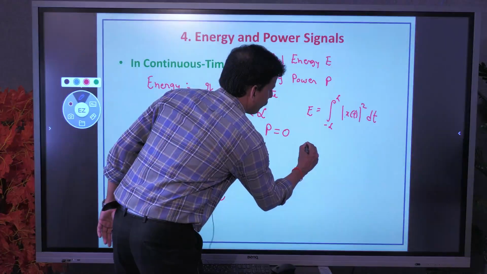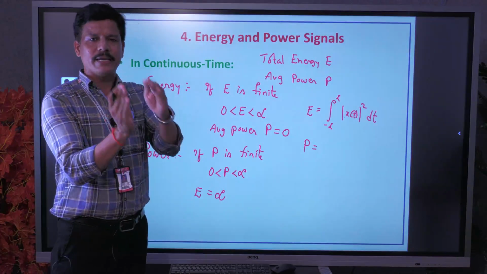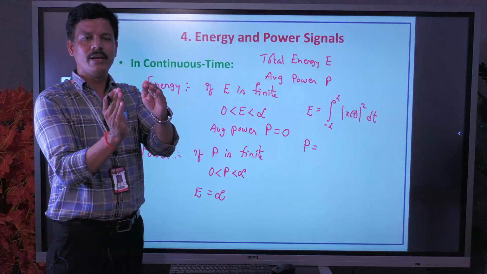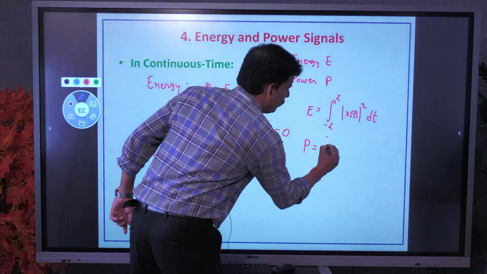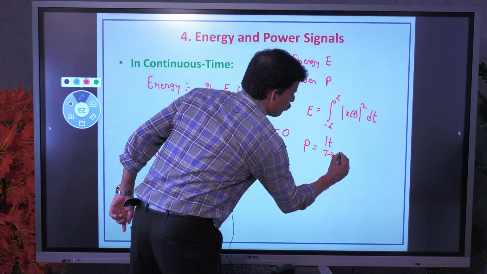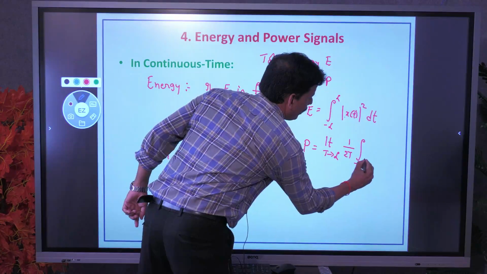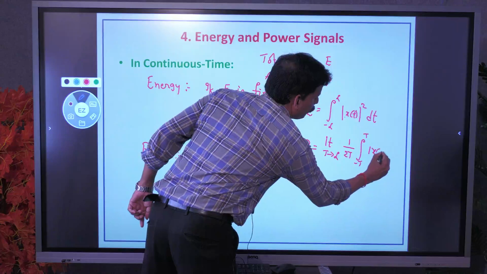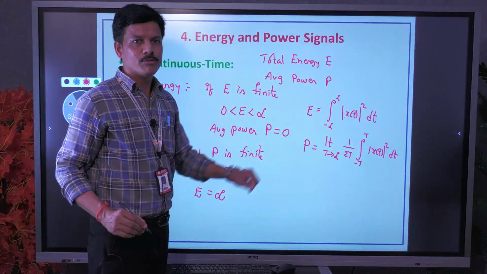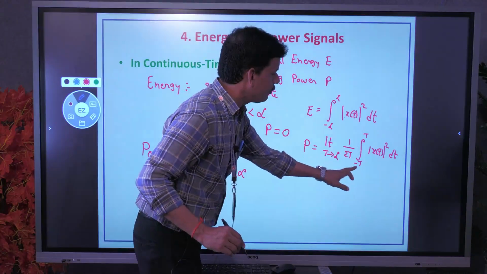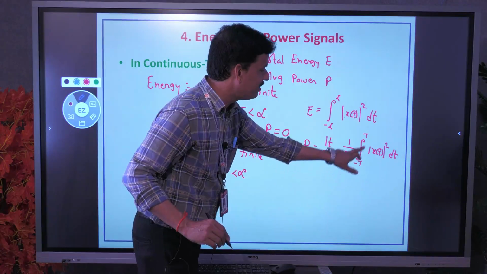Similarly, average power P. What is the idea of average power? Calculating the energy in a specific interval, let us take minus T to T, divided by the duration 2T. So P equals limit T tends to infinity of 1 by 2T times the integral from minus T to T of the magnitude of x of t squared dt.